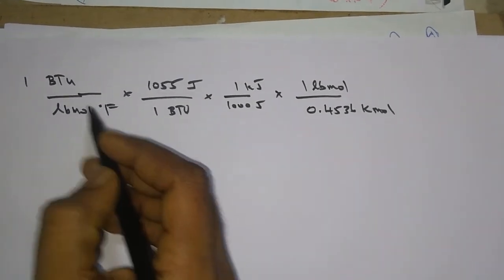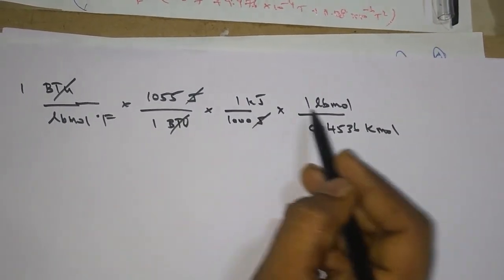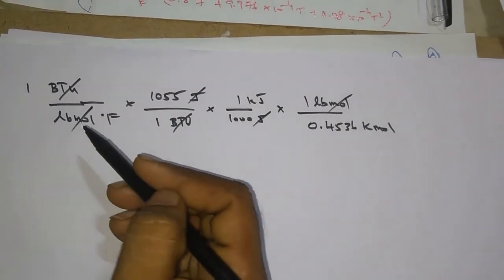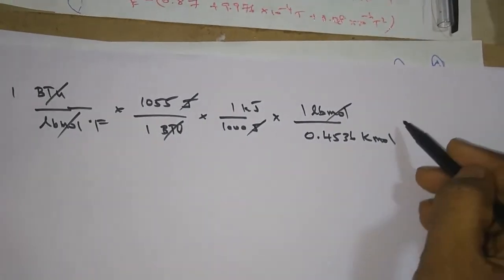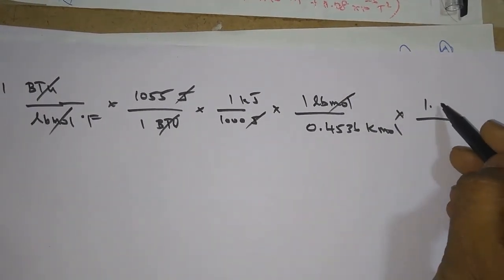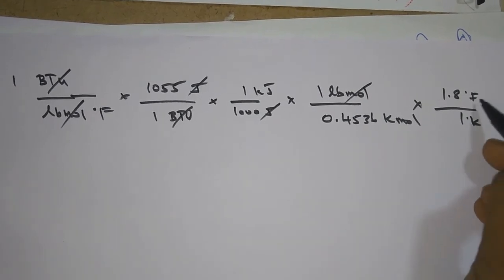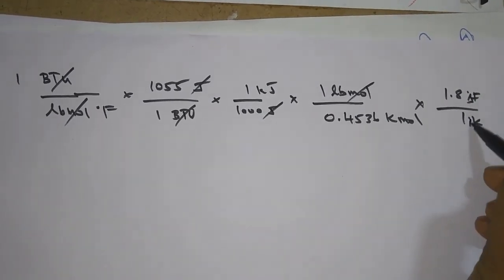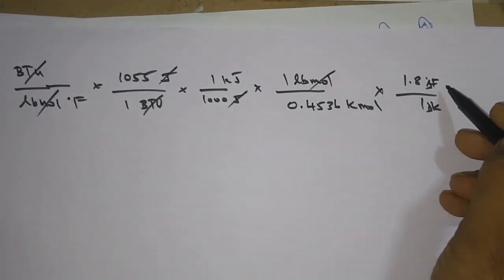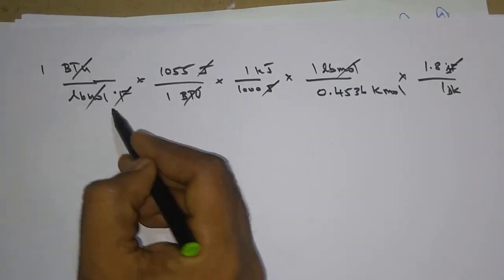If we simplify, BTU gets cancelled, joule gets cancelled, and pound mole gets cancelled. Then 1.8 degree Fahrenheit is equal to 1 delta degree Fahrenheit, so this is a delta actually. 1.8 Fahrenheit is equal to 1 Kelvin, so Fahrenheit gets cancelled.